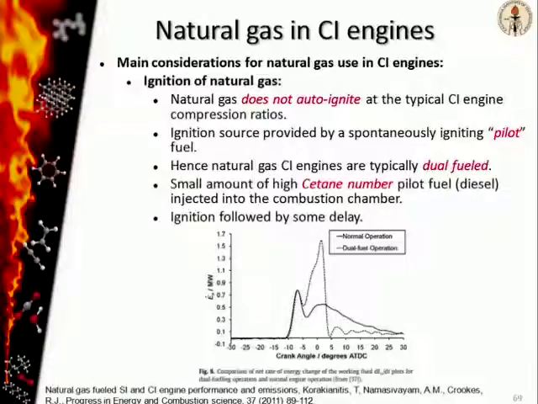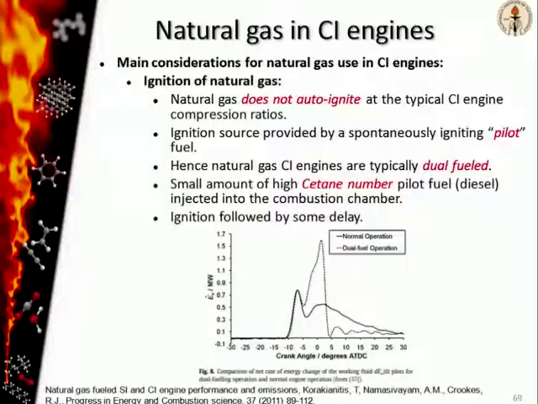You typically inject about 30% of pilot fuel, which allows ignition of the mixture inside the engine. So typically, natural gas fueled compression ignition engines are dual fuel. They have the natural gas and then the pilot fuel. This pilot fuel tends to be diesel, because you need a fuel which has a high Cetane number and which can actually ignite the mixture. So we end up going back to diesel in some respect in order to achieve that ignition process.